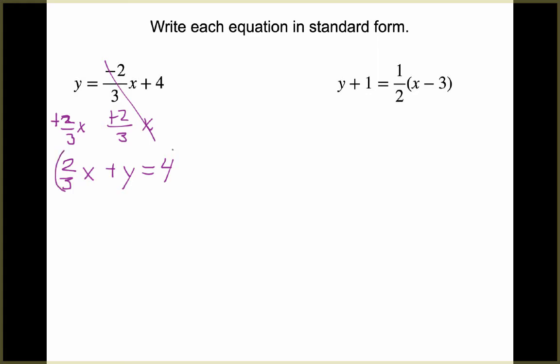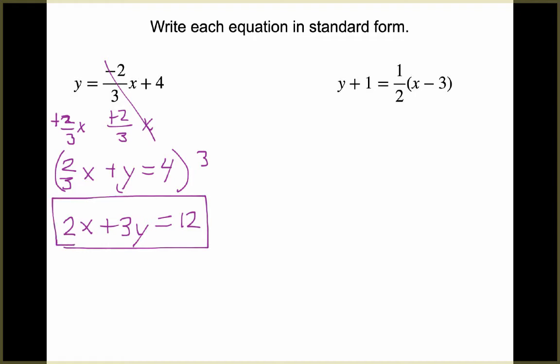We're going to multiply everything by 3. 3 times 2/3 is 6/3, which becomes 2x, 3 times y is 3y, and 3 times 4 is 12. We are now in standard form. We have it in alphabetical order. On the left, 2x plus 3y.